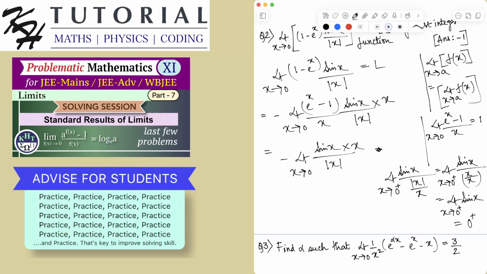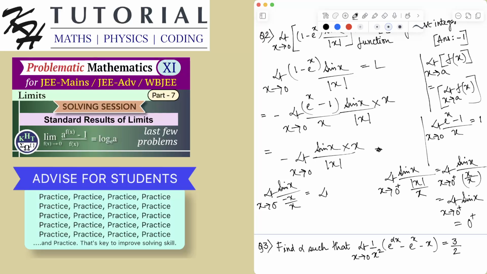Now let's see what will be the limiting value when x is 0 negative. When x is 0 negative, then mod x will be opened as minus x, so minus x by x.